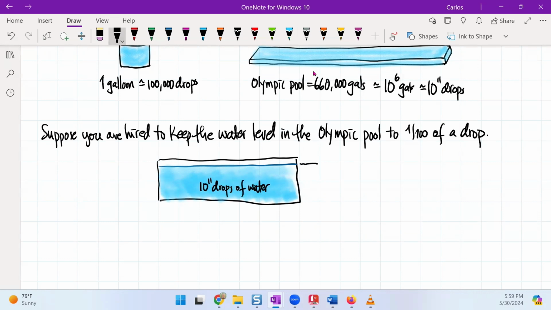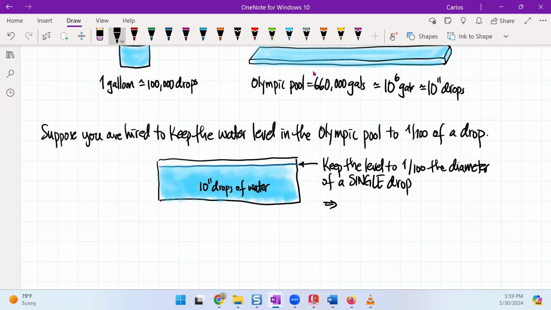And right here, you have this crazy job that you have to keep the level to 100th the diameter of a single drop, right?